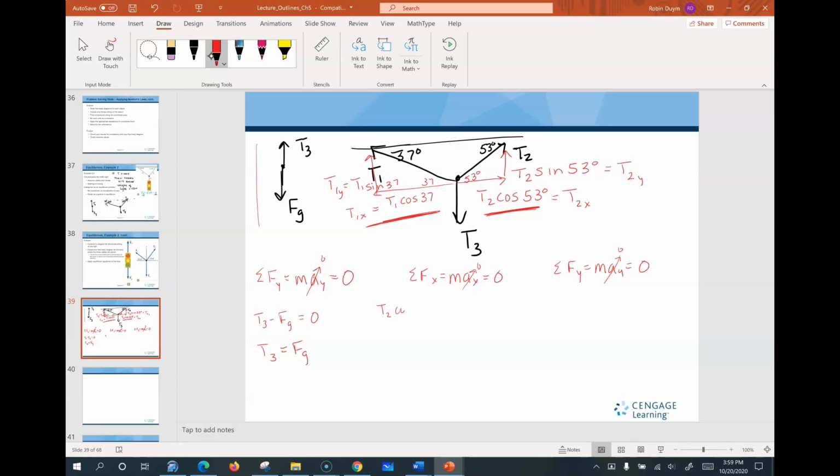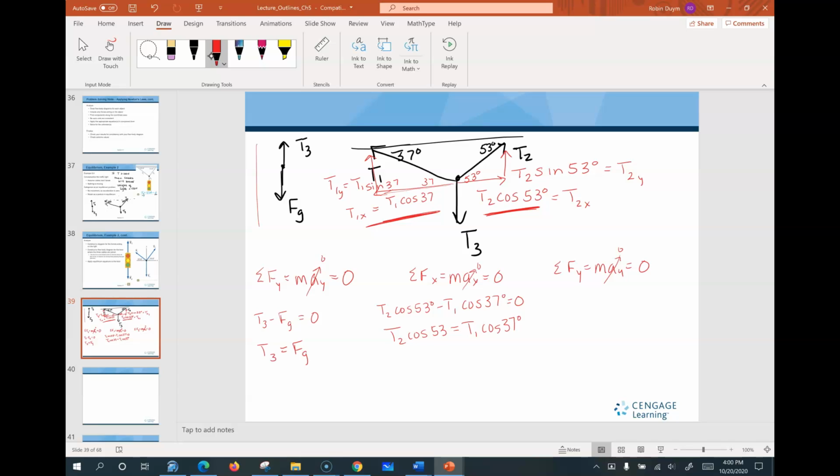So it'll be T2 cosine 53 degrees minus T1 cosine 37 degrees equals 0. In other words, T2 cosine 53 is equal to T1 cosine 37. They have to be, because they're the only two forces in the x direction, and it's in equilibrium. So this tension and this tension have to balance each other out.